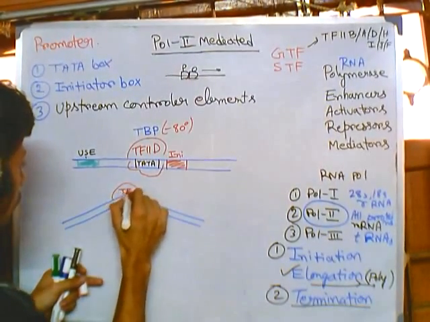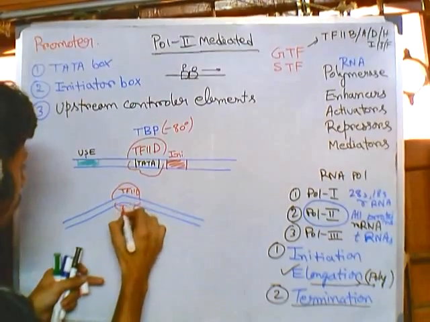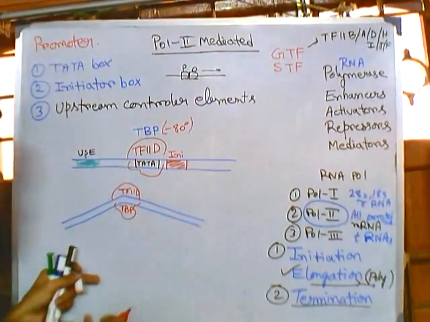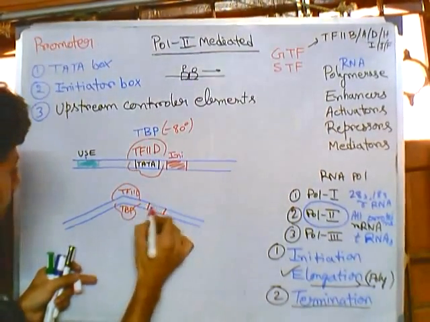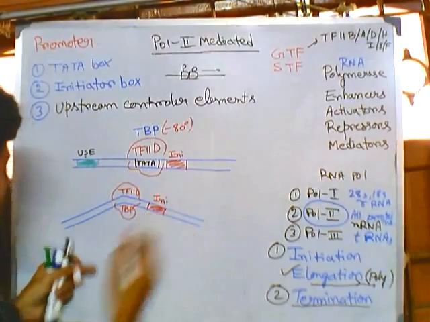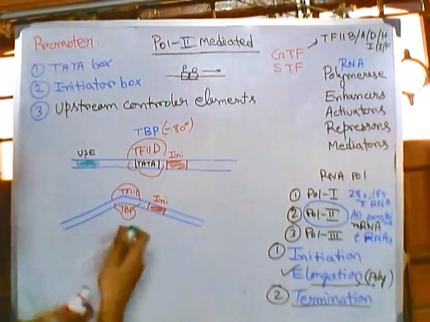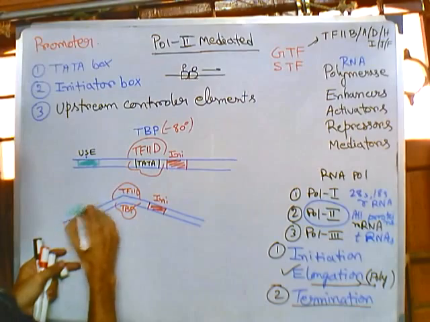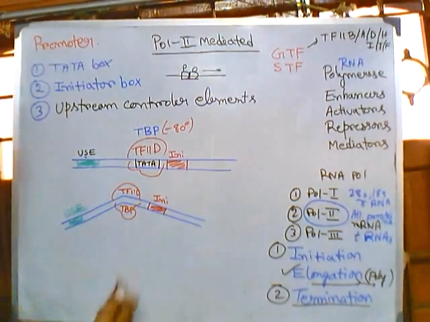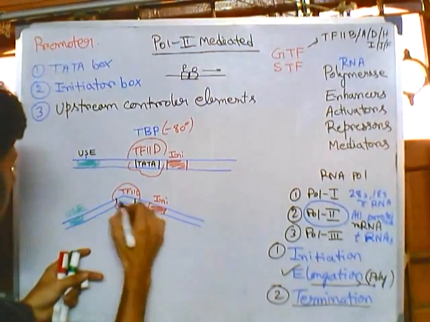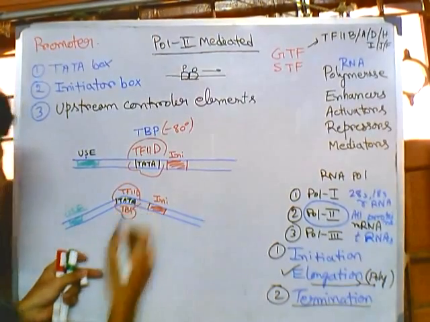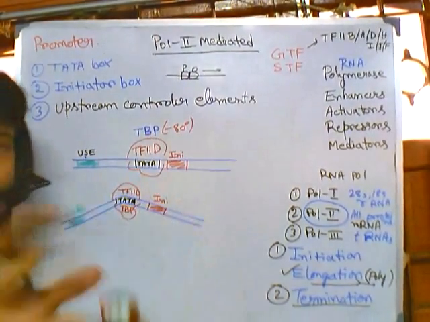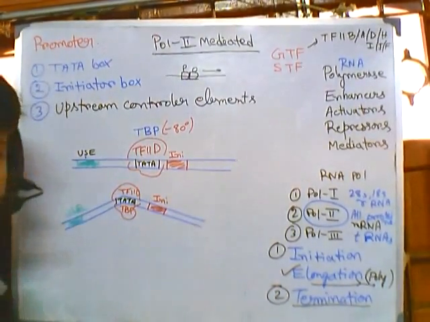This is Tf2d, or you can write it as the TBP region of the Tf2d, and here is our initiator, here are our upstream elements, and this is our Tata region, right? So it bends the DNA like that.